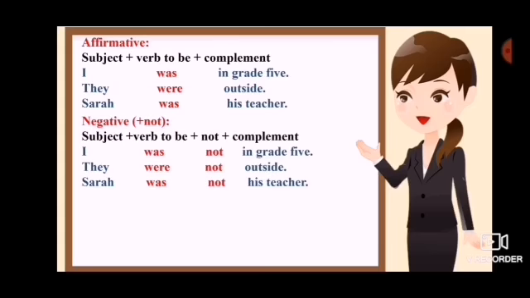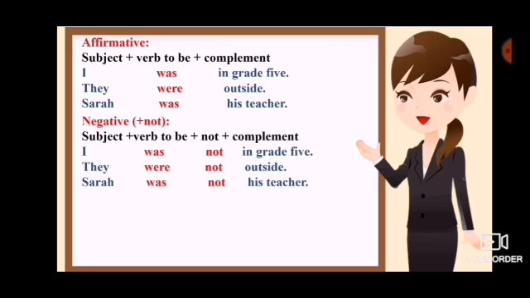And now the negative form, same as we said before, we should add not after the verb to be to form the negative sentence. Let's see the example. I was not in grade 5. So we added not after the verb to be. I takes was, because am becomes was in the past.